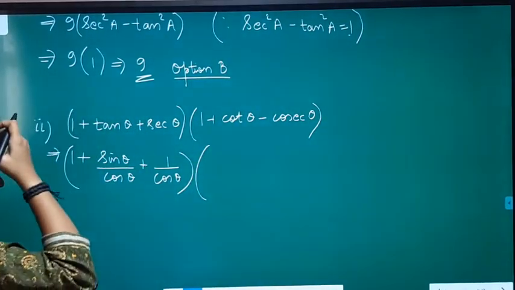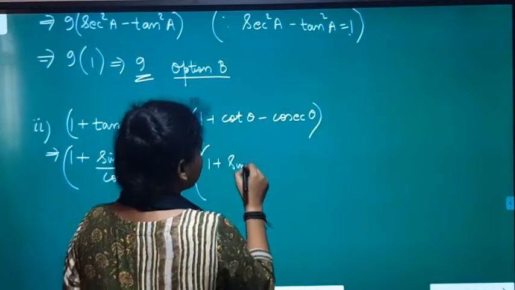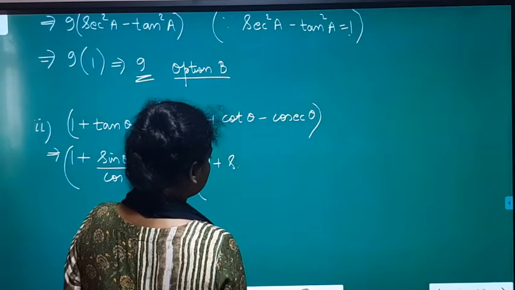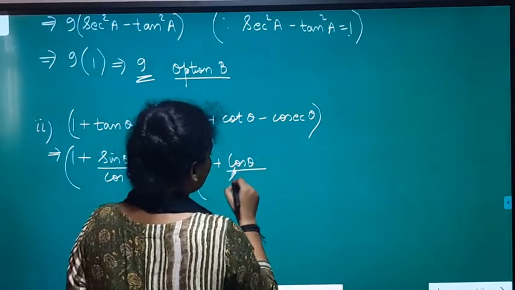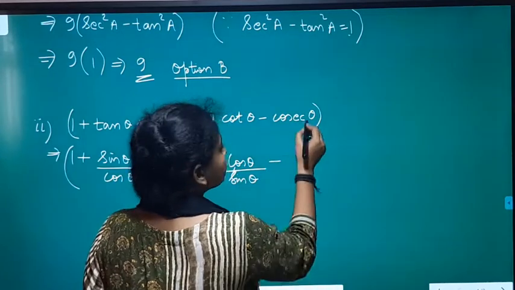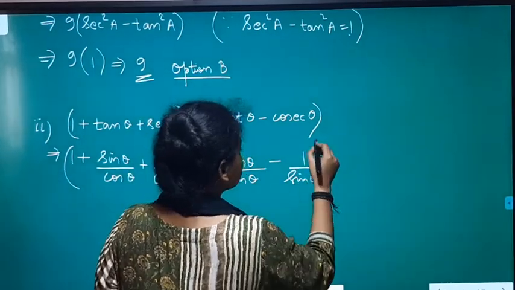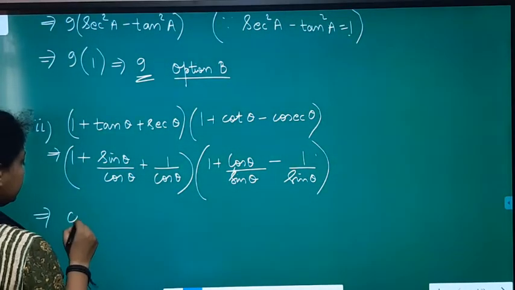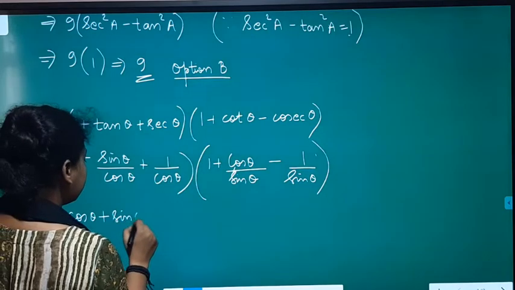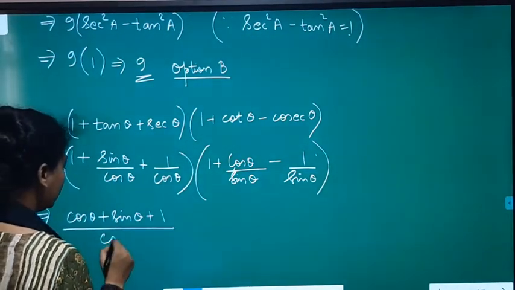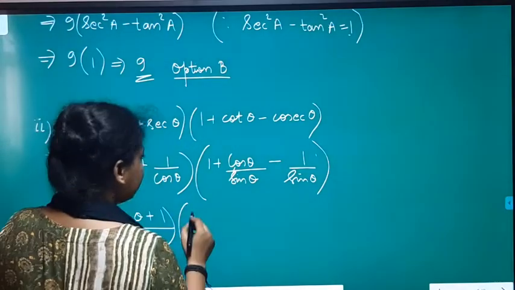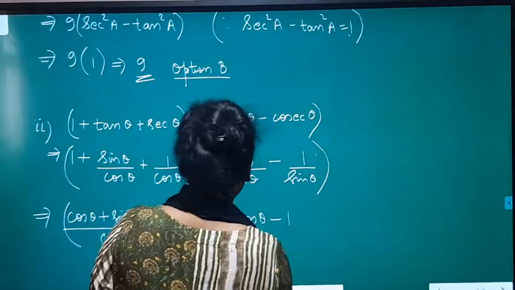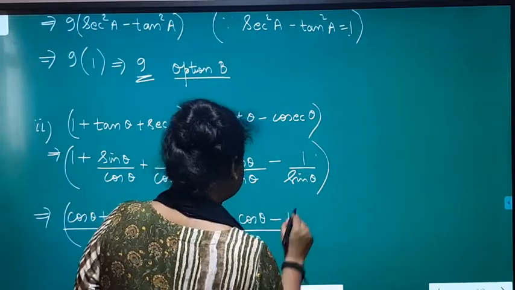In the second bracket, cot theta can be written as cos theta upon sin theta, and cosec theta can be written as 1 upon sin theta. From here, if we take the LCM, this becomes cos theta plus sin theta plus 1 upon cos theta, and here we have sin theta plus cos theta minus 1 upon sin theta.